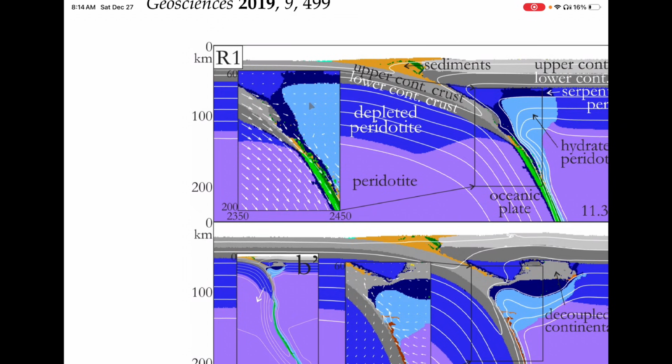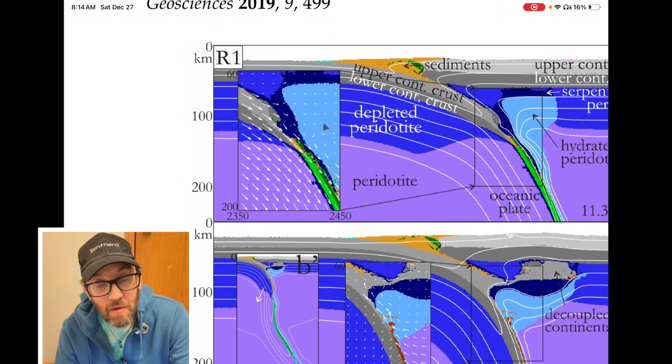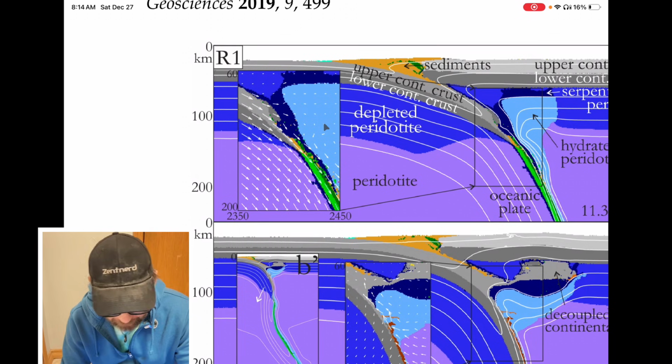That's an area where magma is generated that creates the volcanoes. So I guess the serpentinized peridotite and the hydrated peridotite have something to do with the generation of magma in volcanoes.